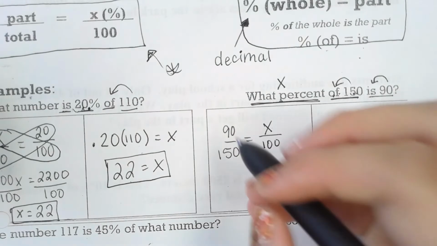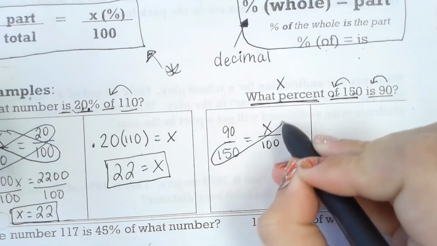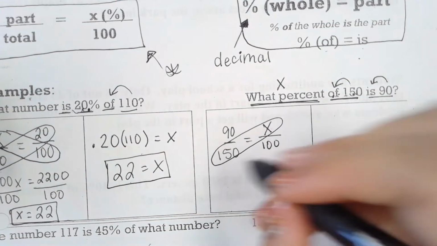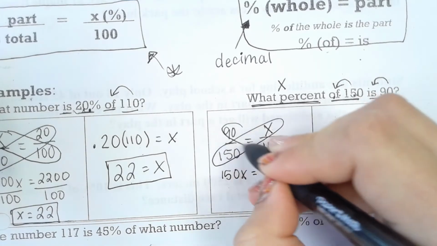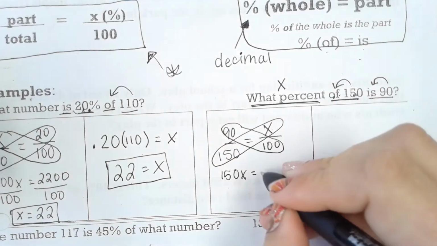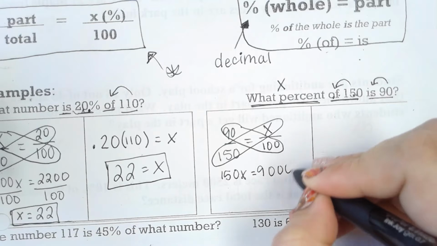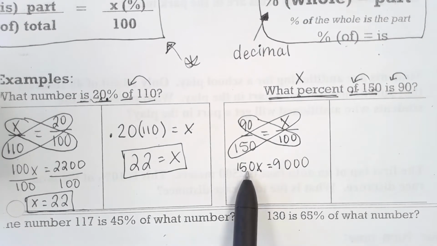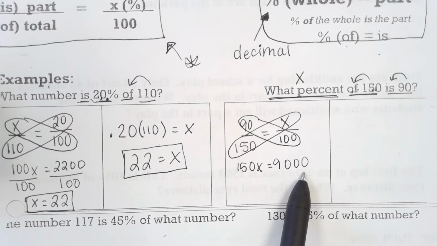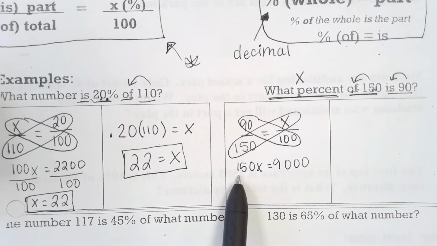After you set it up, you can now cross multiply. So 150 times x is 150x. 90 times 100 is 9,000. And then to get x by itself, we need to move this 150 over to the other side. And to do that, we are going to do the inverse operation.